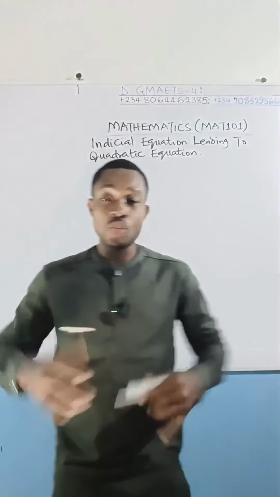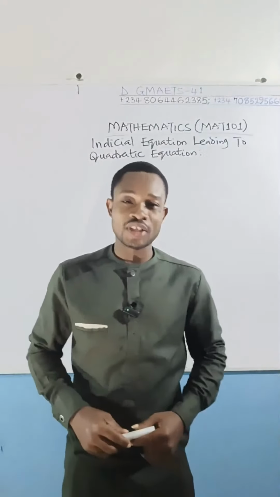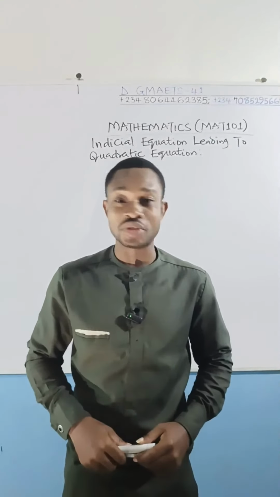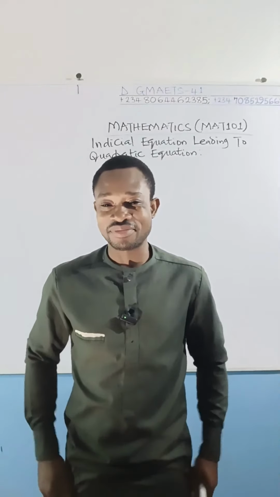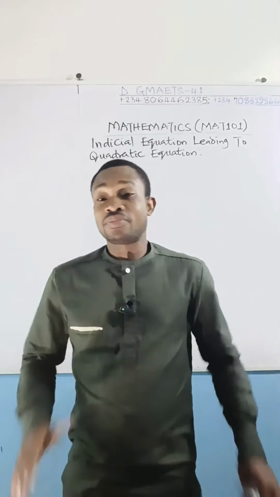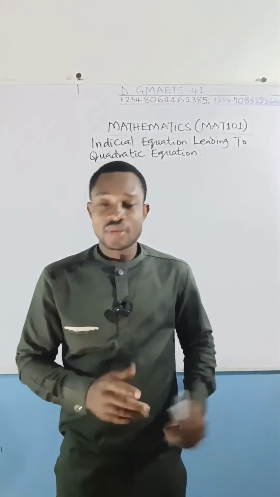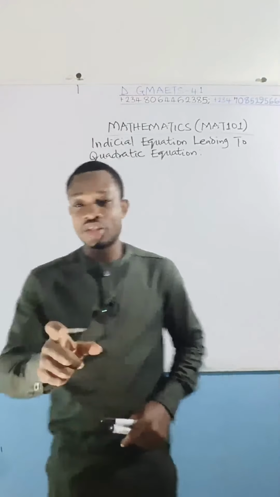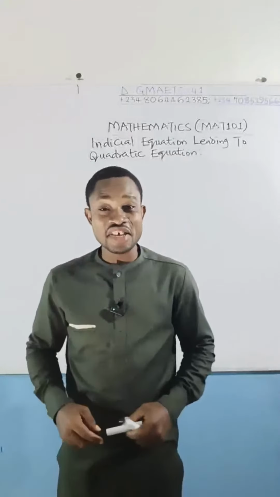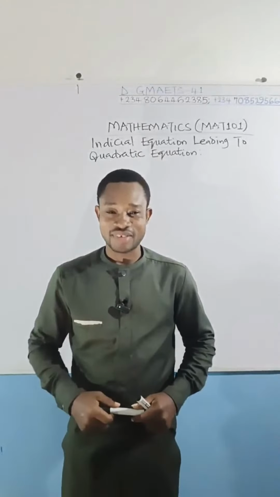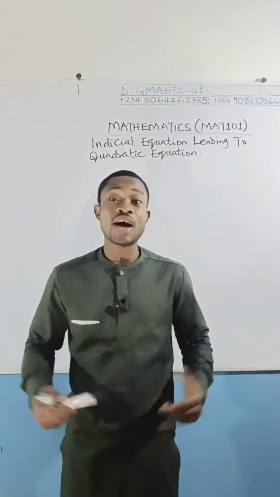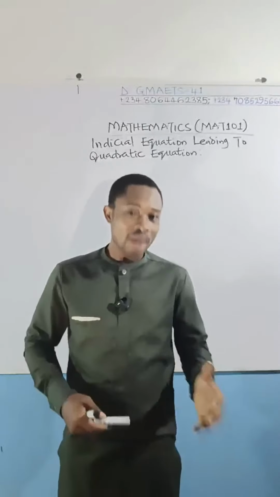In this class today, we are going to explore further problems on indicial equation, this time leading to quadratic equation. If you take your mind back, in our previous class in mathematics, we treated indicial equations that lead to linear equation, and we solved a couple of questions there where we established that these problems are simple.